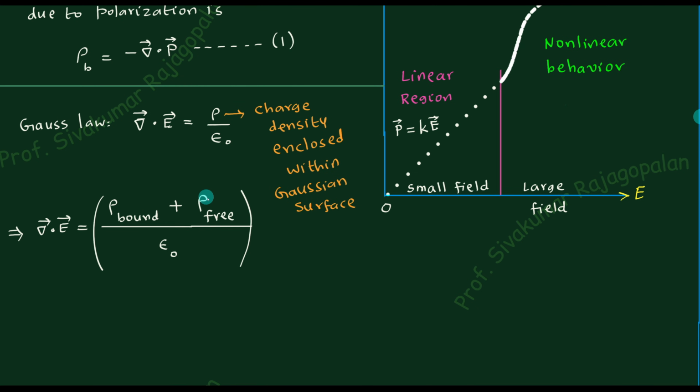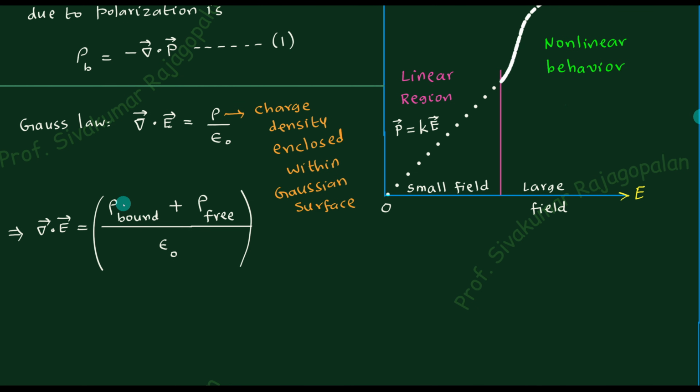There is a second option. Out of several electrons, let us assume there are something like approximately 10 to the power 28 electrons per meter cube, whatever number you assume, there is no guarantee that all these electrons in the material will be involved in the process of polarization. Process of polarization means what? You must have the charges slightly disturbed from their original equilibrium position, and therefore they must give rise to dipoles.